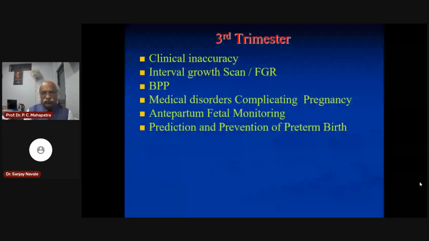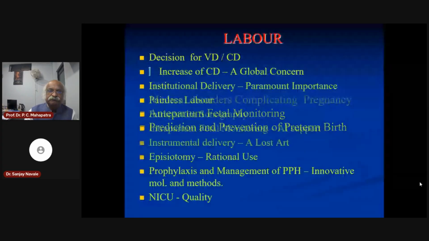You just administer it during threatened preterm birth, and that will help continue the pregnancy. So this is a very important molecule which has come up.